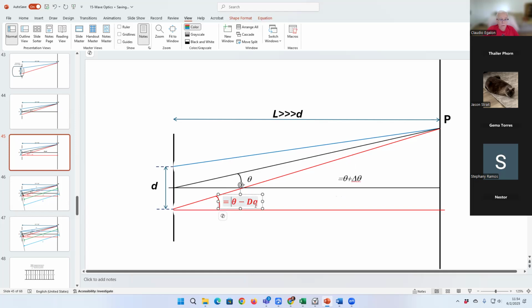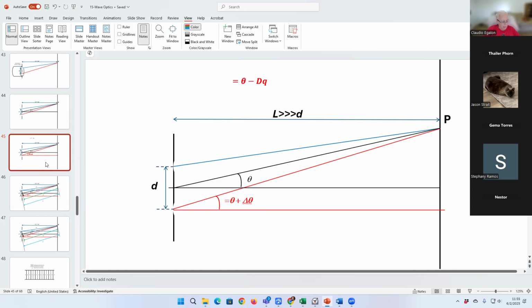Now I can substitute that. Strictly speaking, like I said, this thing is gonna be theta plus delta theta. And I'm gonna make it in red color, so it is associated with the red line.